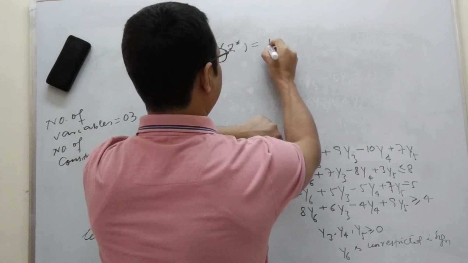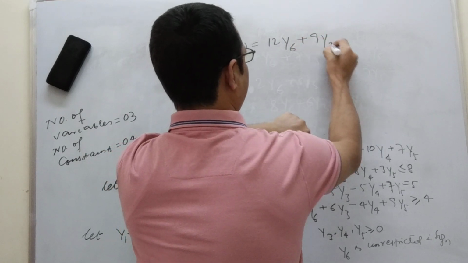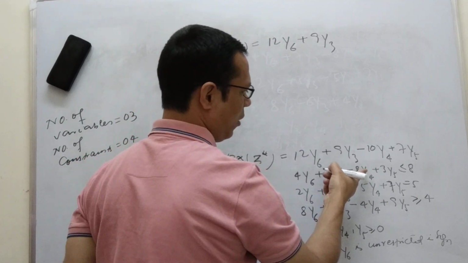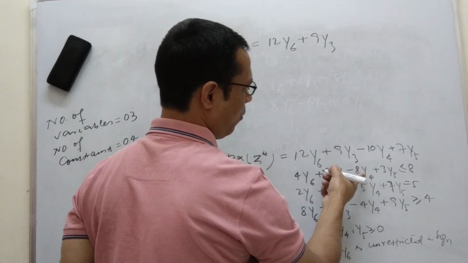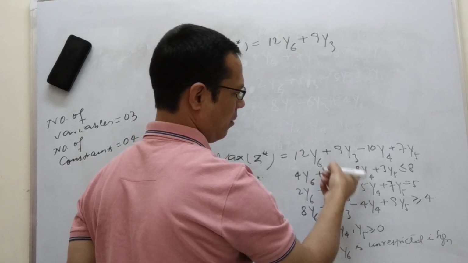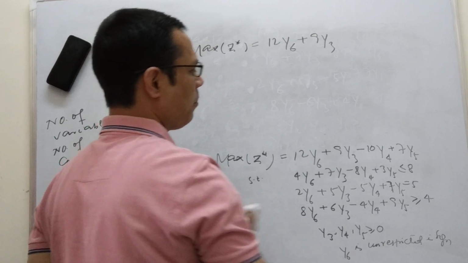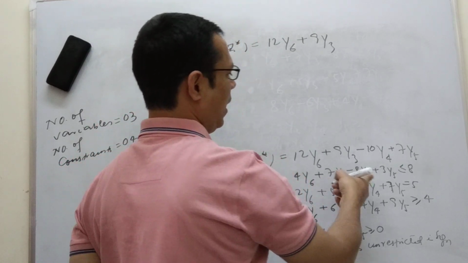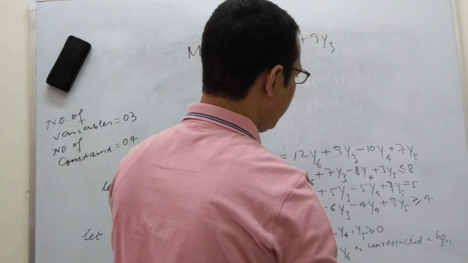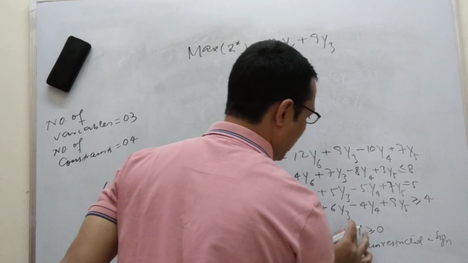12y6 plus 9y3. Here just see, because the coefficient of y4, all the signs with this variable y4, now you are going to get negative. It means y4 is going to show in this form. You can say y4 here, because all the conditions with y4 are now negative.